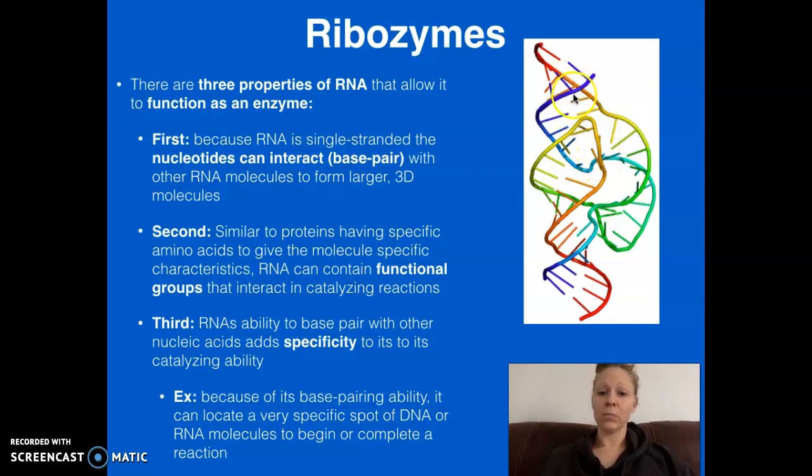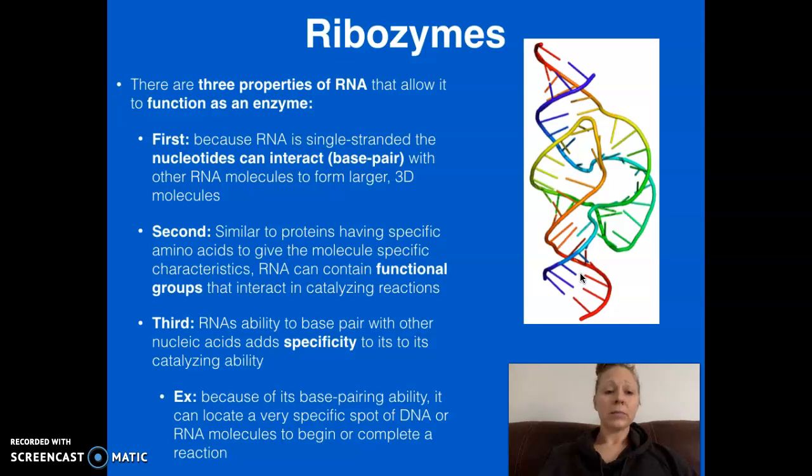If you look here at this molecule, this is a strand of RNA that has folded onto itself. Sort of like protein folding, when you talk about the hydrogen bonds and the intermolecular forces, the hydrogen bonds are going to interact in segments and allow it to fold into itself and create a 3D shape.